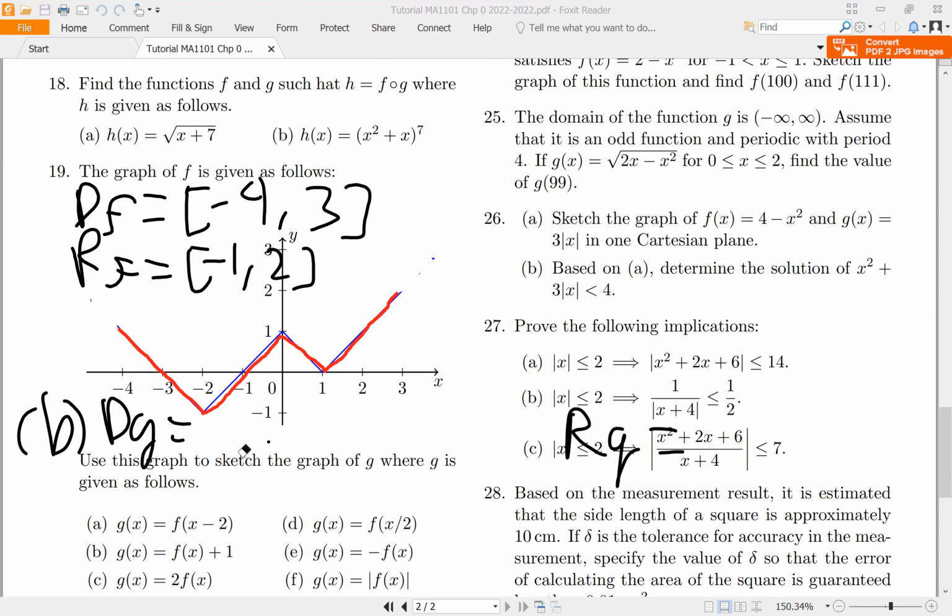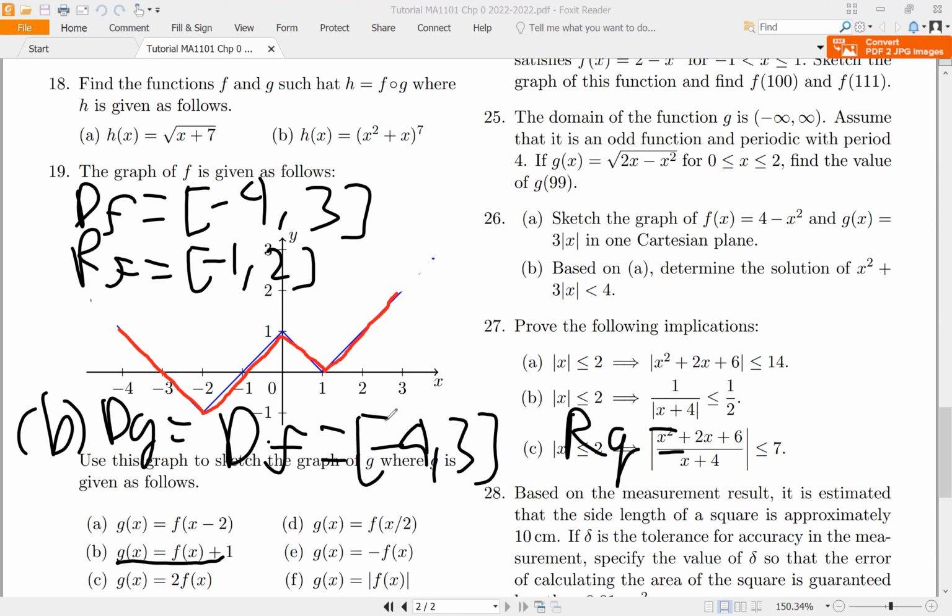Algebraically, g of x is f evaluated at x only. So in this case, the domain of g equals the domain of f, and the domain of f in this case is [-4, 3].